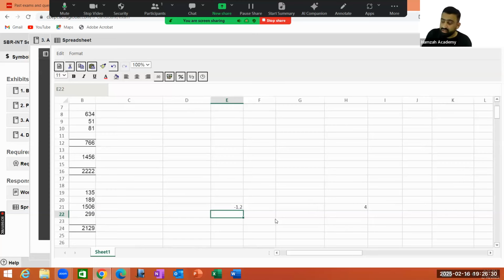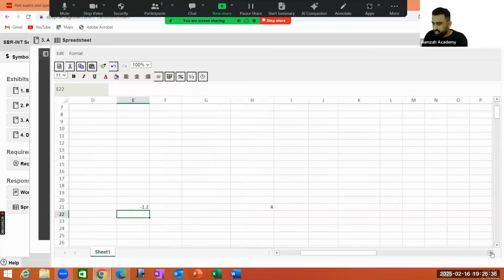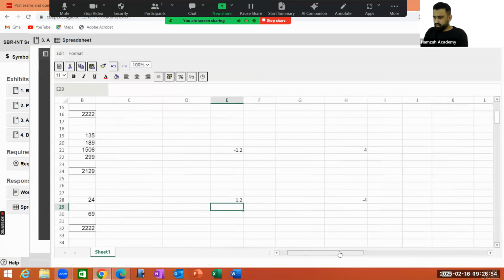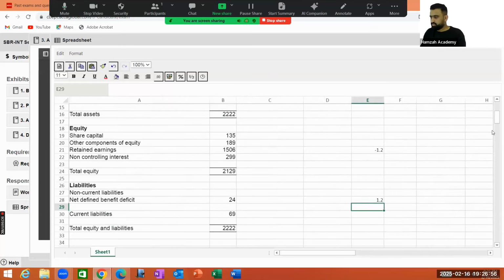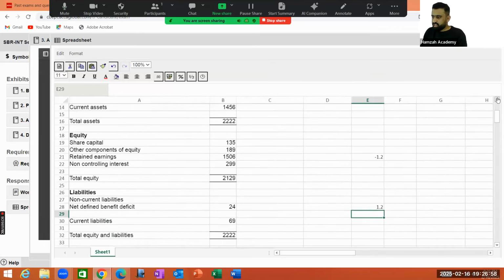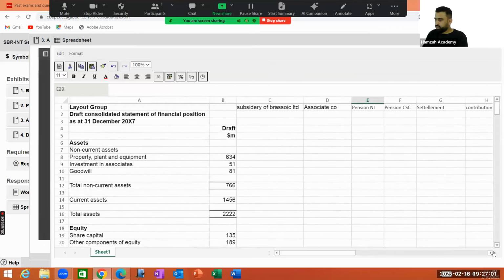When it is recorded, retained earnings will be debited and the obligation will be credited with 1.2 million. And net interest debited means the retained earnings will be debited.